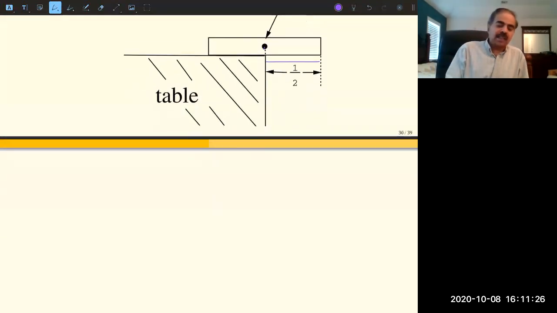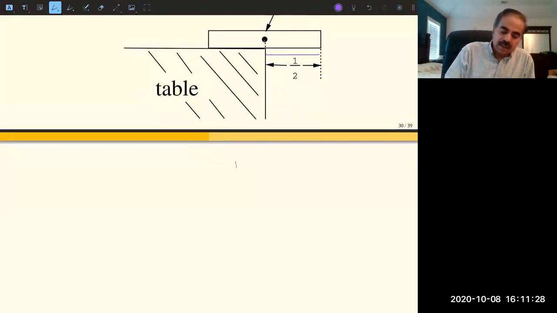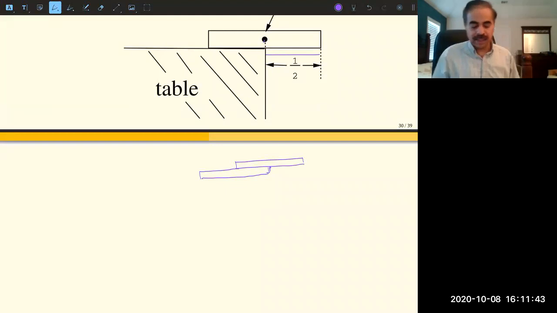Okay, so let's see what happens in the next one. We have this block, and then we have the second block. The way we moved this is that the second block was exactly at the half of the first one. Now we want to find out what is the center of gravity of this combination.